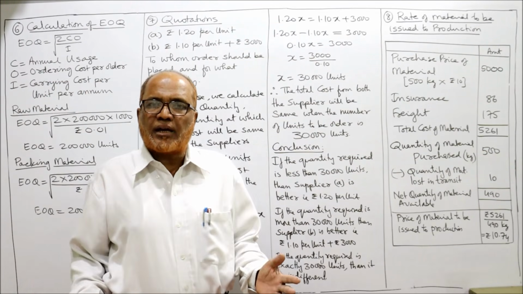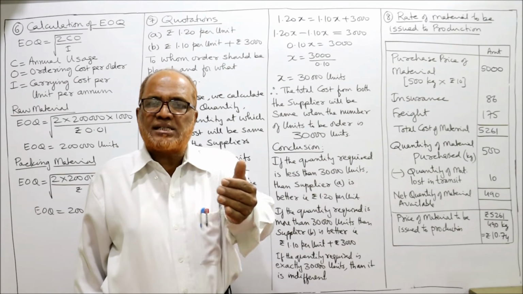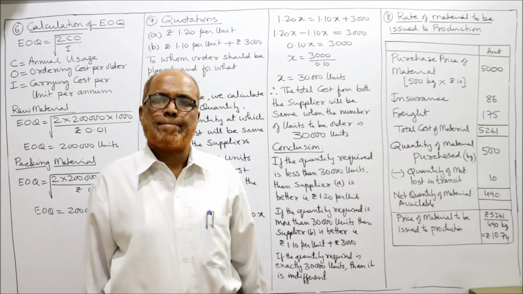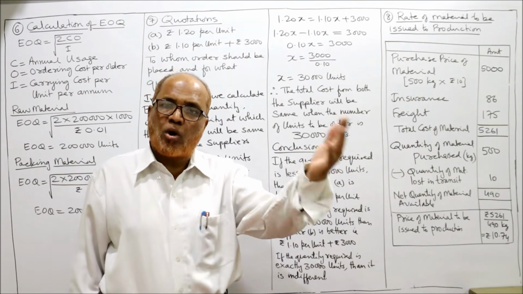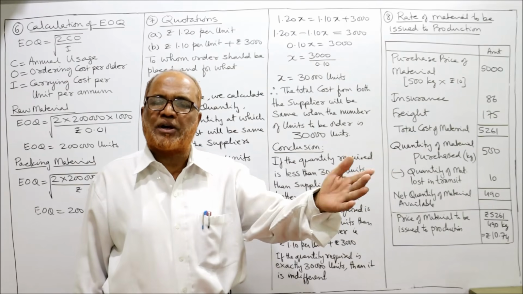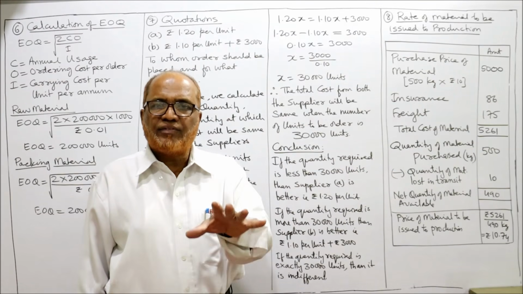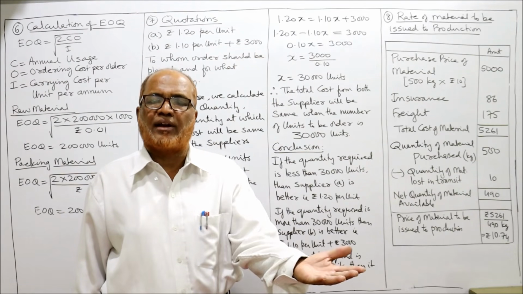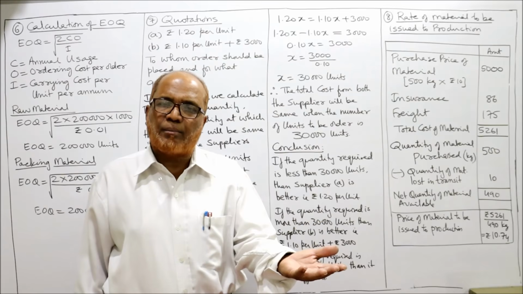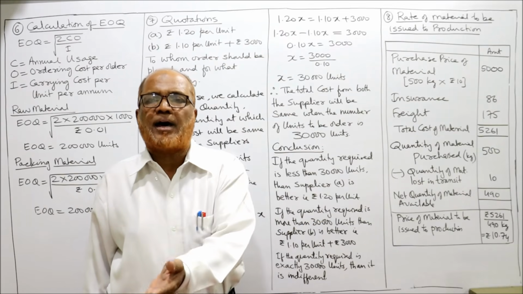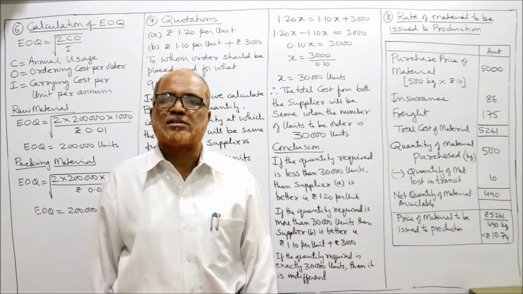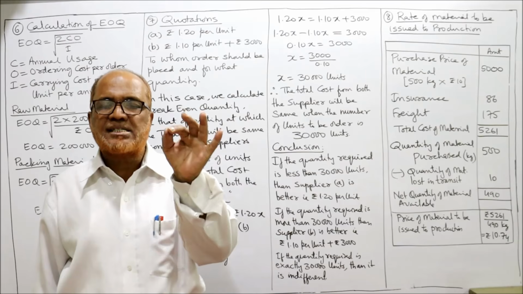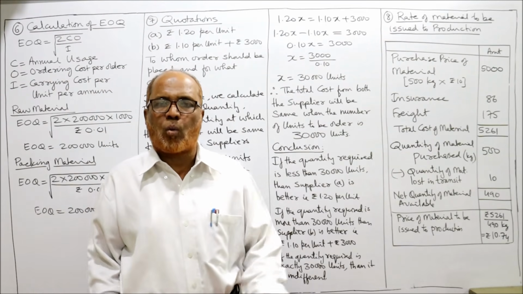So the ultimate conclusion: if the requirement is less than 30,000, we suggest to purchase from supplier A. If the requirement is more than 30,000 units, we suggest to purchase from supplier B. If the quantity required is exactly 30,000, we are indifferent; purchase from either A supplier or B supplier, it does not make any difference. Both suppliers' total cost will be the same when exactly 30,000 units are required.